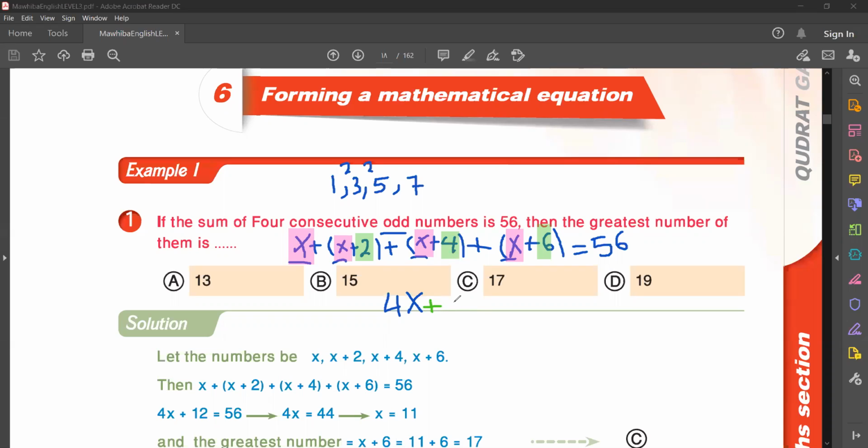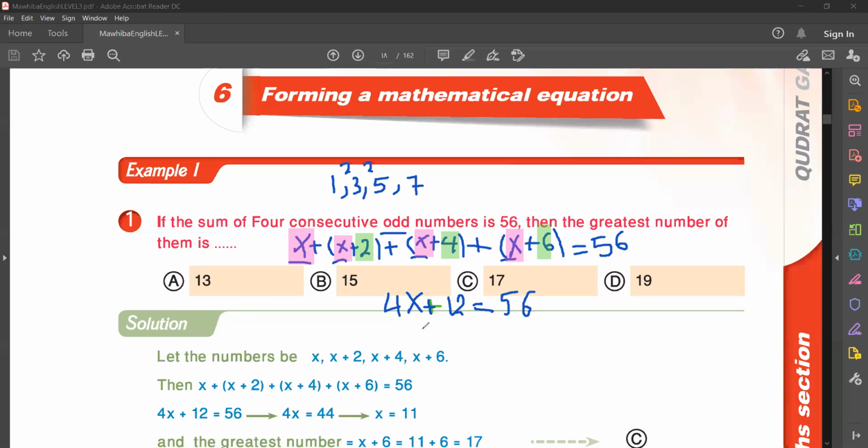It is 12, right? Good, Muhammad Abdul Latif. So 4x plus 12 equals 56. Now we transfer from words to an equation in mathematics. Now I can solve these problems.